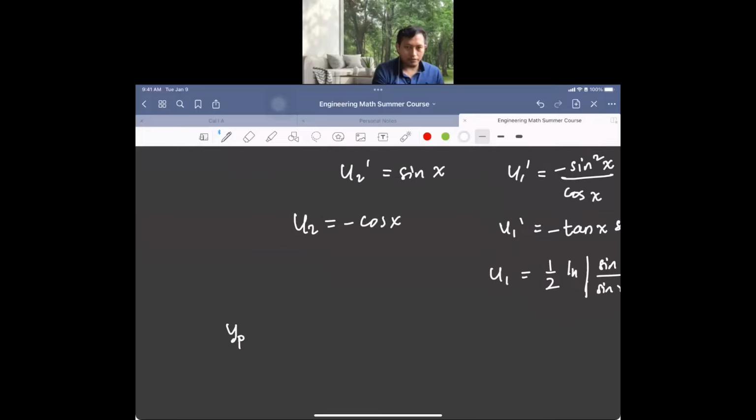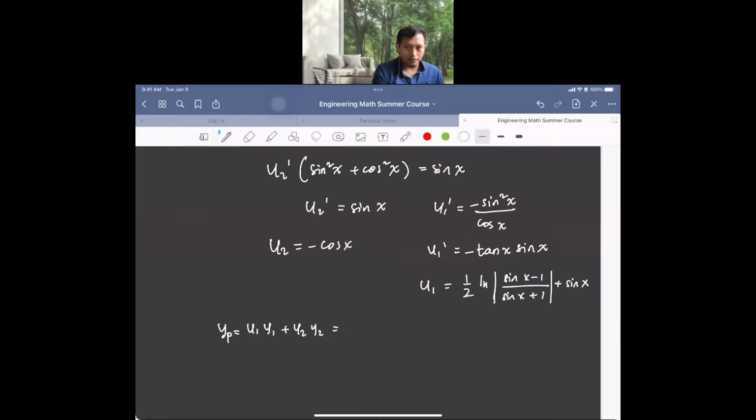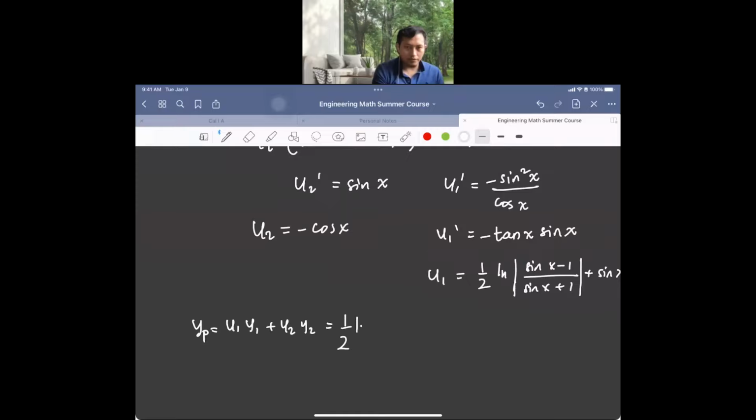Now the particular solution, yp, is u1 y1 plus u2 y2. Don't forget that we still need to write with y1 and y2. So half, sine x minus 1, it should be x in the bracket.